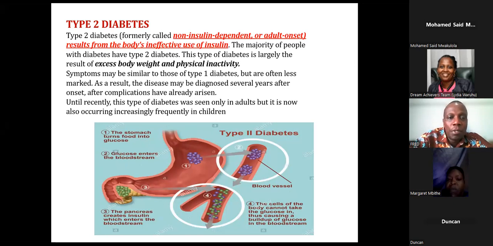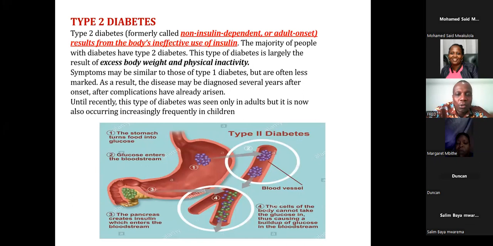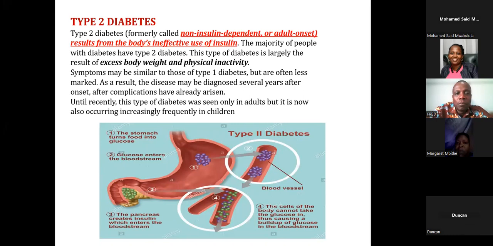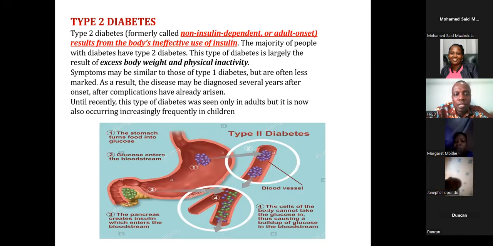So this is a type of diabetes where it's like we look for it ourselves based on our lifestyle and our diet, and its onset can be blamed on poor decisions as far as diet and lifestyle. As a result, the disease may be diagnosed several years after onset and after complications have arisen. Most people with type 2 diabetes don't get to know it immediately. They get to know it much, much later when other complications start arising.